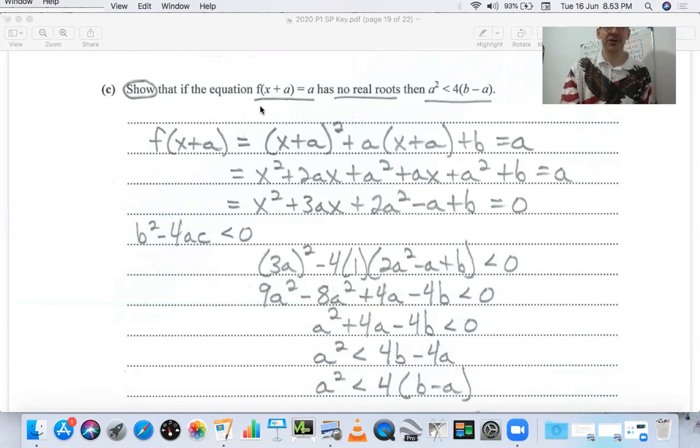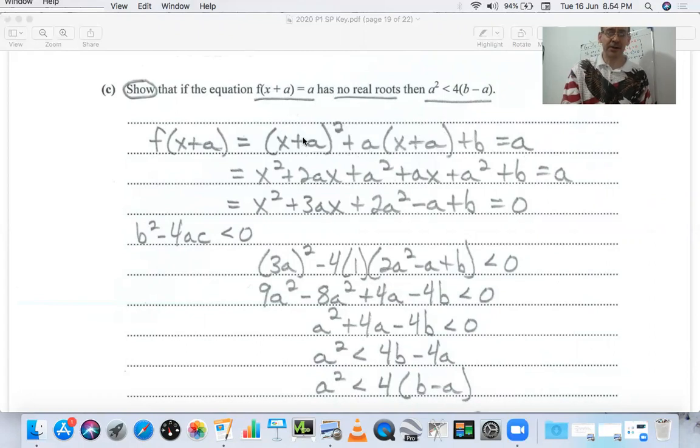Okay, so our original x squared plus ax plus b. When we plug in our x plus a to the x squared, we get x plus a squared. Then we plug it into the x and we get plus a times x plus a. Then here is our b, which was the constant at the end of the function. And this is said to be equal to a.